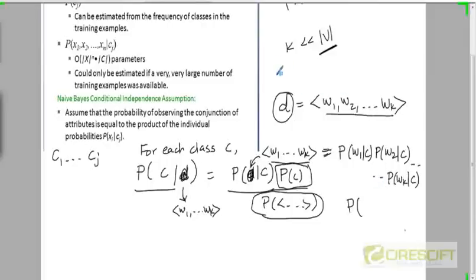Okay, so if I call those words, say, A1 to, I don't know, AL. So what is the probability of not seeing A1 in a document of class C, multiplied by the probability of not seeing the word A2 in class C, and so on, up to AL.